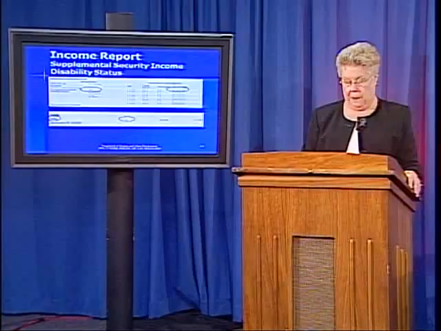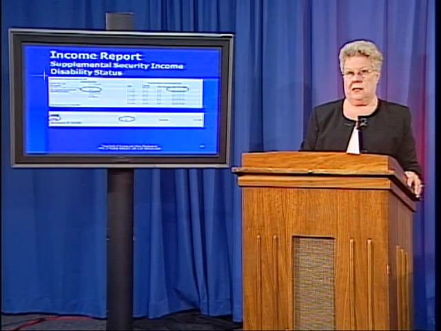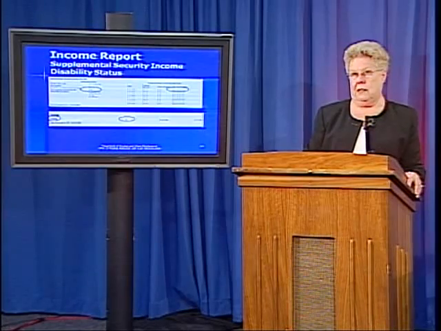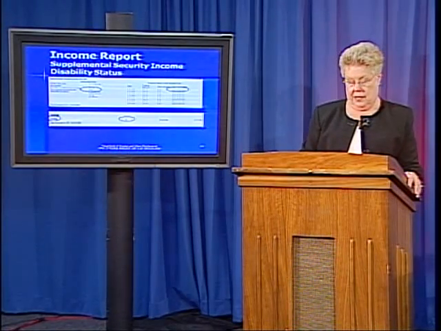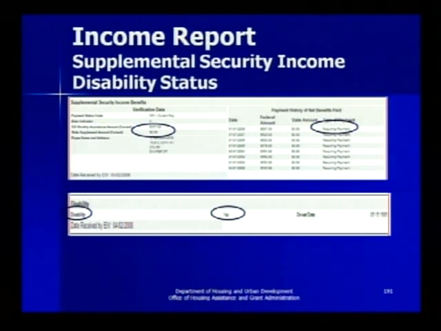The next section of the report shows the supplemental security income. And basically it displays the federal and state amount of income that persons with disabilities would be receiving. Otherwise, it's basically identical to your other reports for the regular benefits.